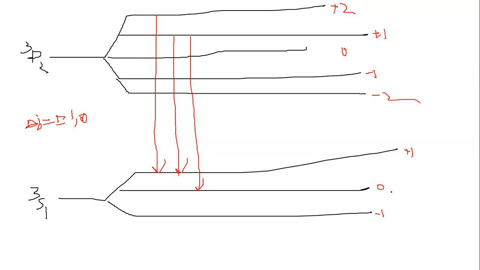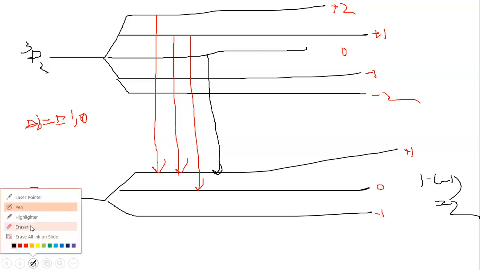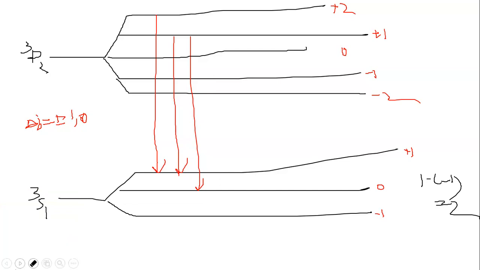But 2 minus 0 is 2, not allowed, and 2 minus of minus 1 is 3, so it is not allowed. From 1, 1 minus 1 is 0, it is allowed. From 1 minus 0 it is allowed. But from 1 to minus 1 it is not allowed, because 1 minus of minus 1 is 2, so it is not allowed. Then again from 0 there will be 3 transitions, from 0 to plus 1. I think the transition should be red.